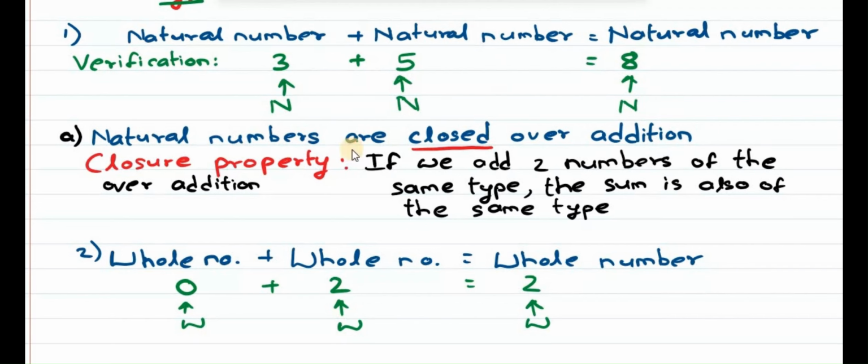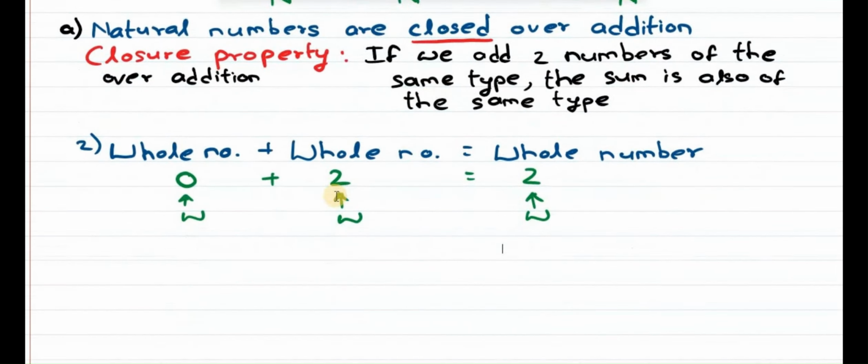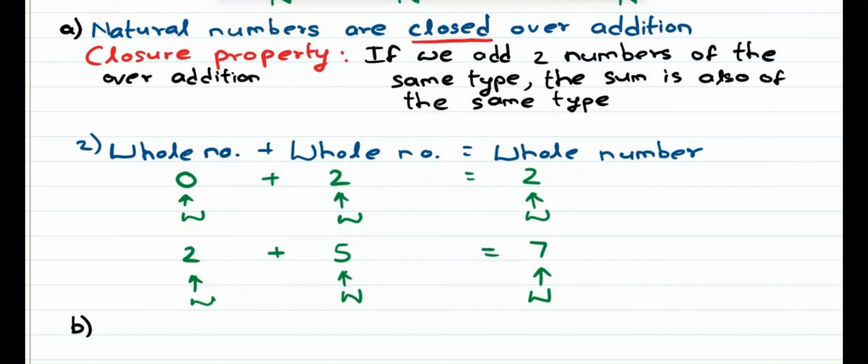We could try another example also. Let's not limit ourselves to just 0. Any other whole number would be just like natural numbers. Let's say 2 and 5 gives 7. Of course, this is also a whole number, and this is also a whole number, and this is also a whole number. We can clearly create a statement like this.